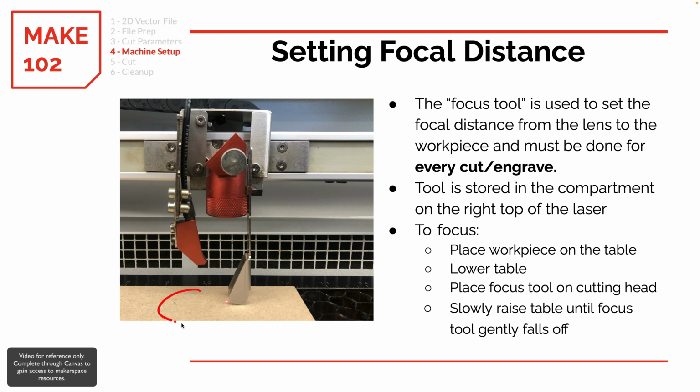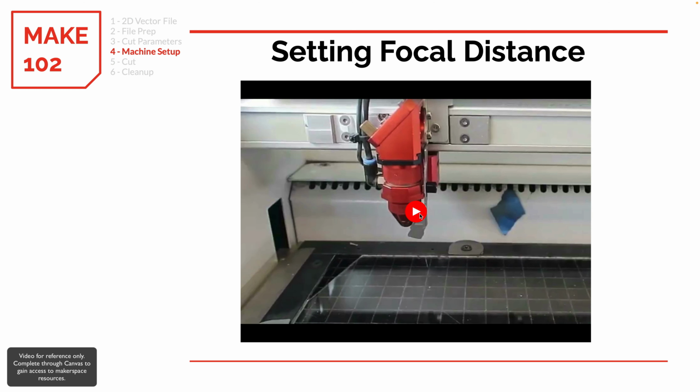And then our workpiece down here, we bring that vertically. So we start with it low and we bring it vertically up slowly using the controls on the laser until it just contacts this piece. Once it contacts this balancing piece ever so slightly, the piece will fall off. And we have a video of this happening to show you.